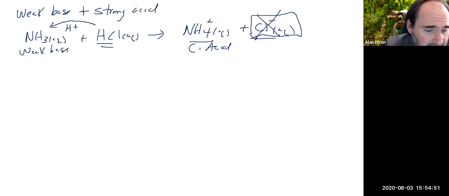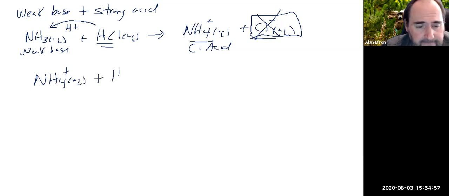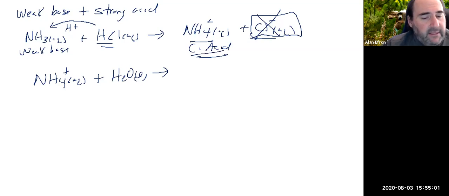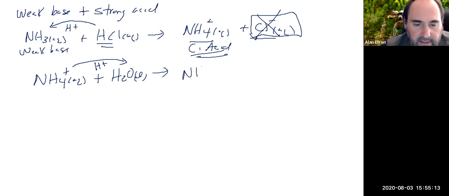And what's going to happen again is a secondary reaction where the NH4 plus part will react with the water. And just like I labeled it here, because it came from a weak base, it's going to act as an acid when it reacts with water, which means it's going to donate its H plus over that way. In that particular case, we will get NH3 like we talked about where it came from, and we will produce H3O plus here.